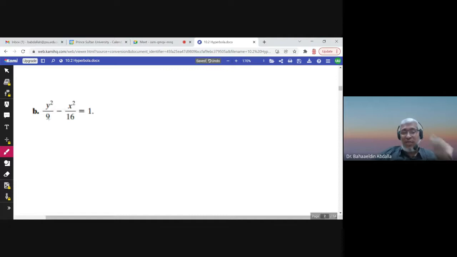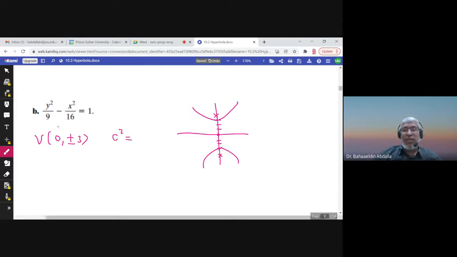Here y square is positive, and the center is 0, 0. Below y I have 9, so I go 3 units up. And here are the vertices. So the vertices are 0 and positive and negative 3. The foci are here. c square is the sum 9 plus 16.